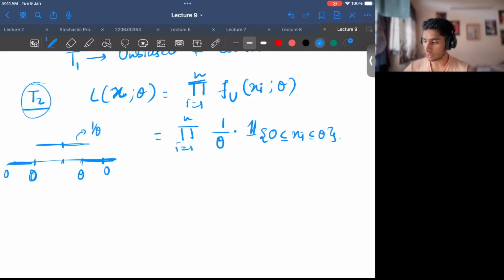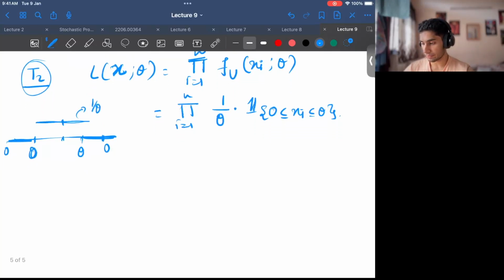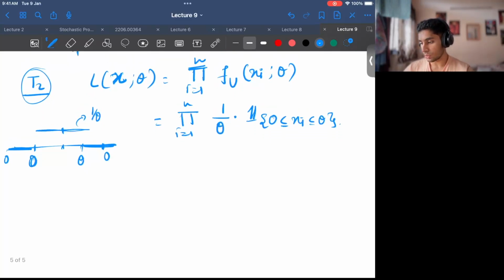So now let's assume that one of the xi's is outside theta. Then this whole product will go to 0, right? So what could be the maximum value of this product?